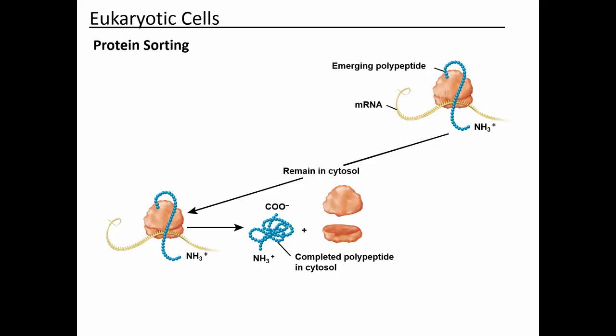So you can think of sorting signals as sort of a cellular address, and they're actually a part of the protein itself. It's just a short stretch within the protein, a short sequence of amino acids that's going to direct the protein to its correct location within the cell.